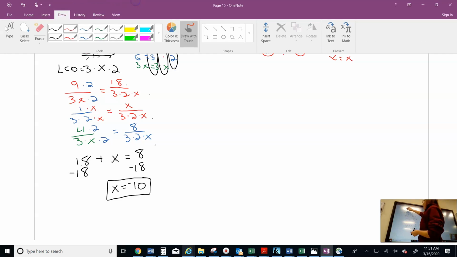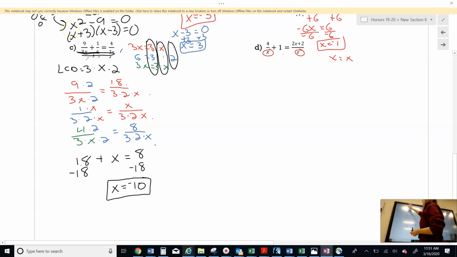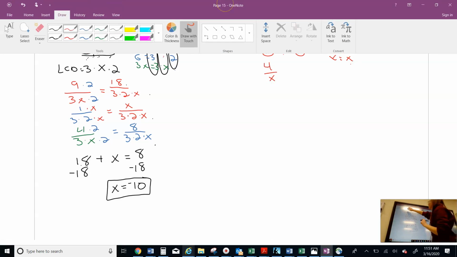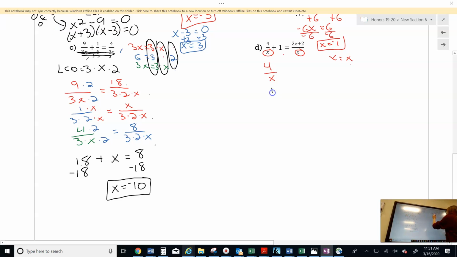So really the only fraction I have to fix is 1. But I'm going to kind of show all of them, right? So I have 4 over x. It's already good. I have 1 over nothing. It's missing the x. Which gets us to 1x over x.